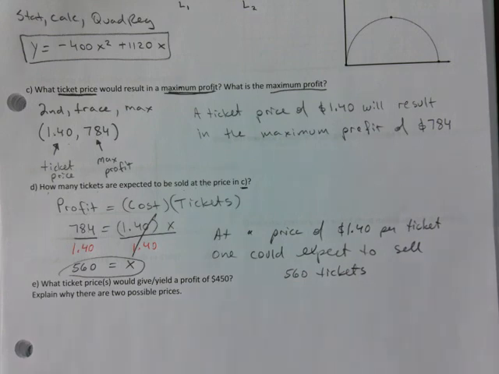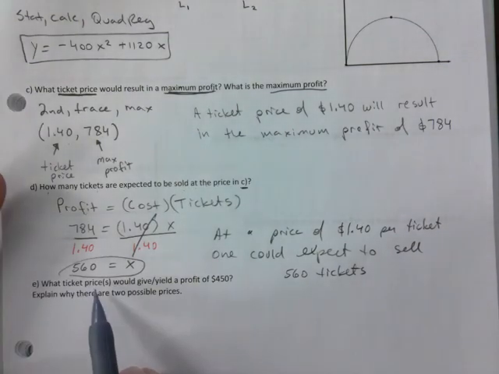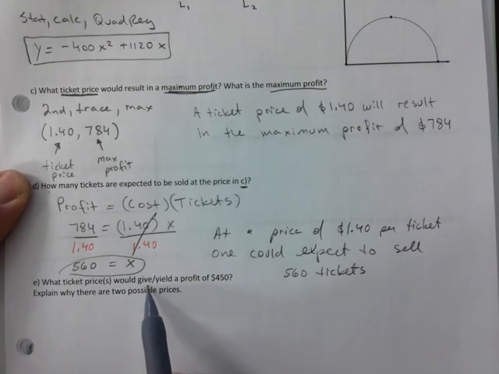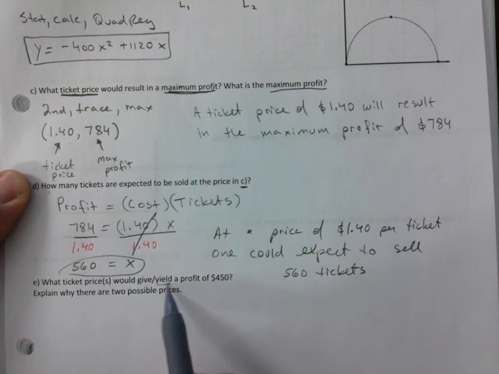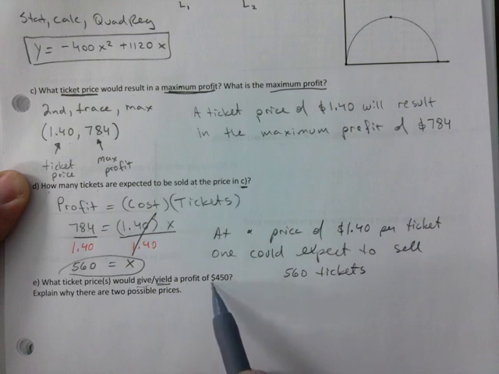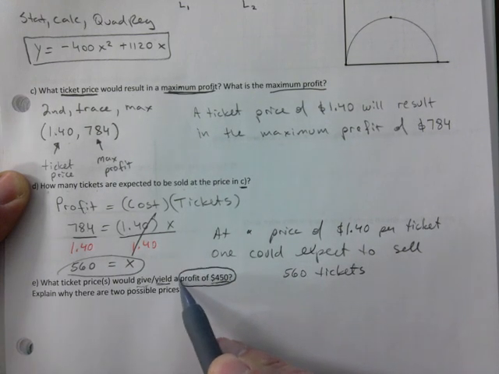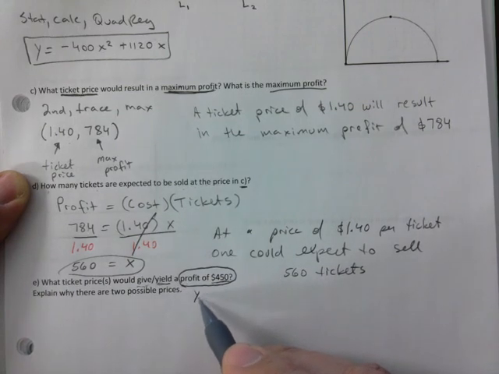Okay, next, what ticket price or what ticket prices would give, the other word for give is yield, would yield or would give a profit of 450. Explain why there are two possible prices. If you look at this, this is the Y value, right? Y value given.